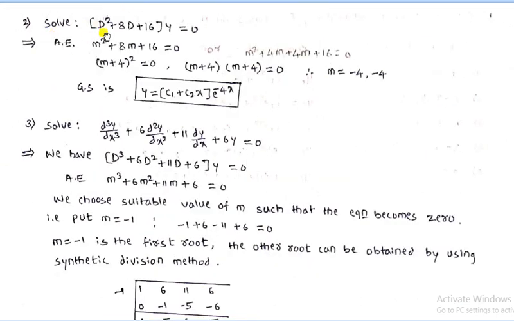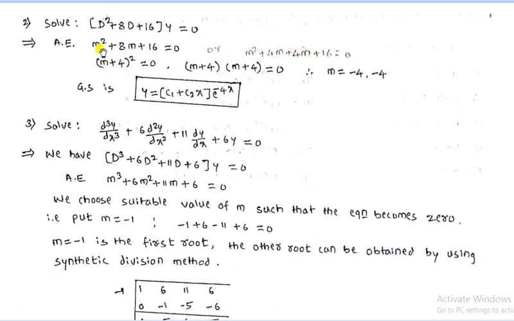Second example, solve D square plus 8D plus 16 into y equal to 0. Solution. Here the given equation is already in symbolic form, so directly replacing capital D by m, m square plus 8m plus 16 is equal to 0. This is called the auxiliary equation. The same equation can also be written as m plus 4 bracket square.